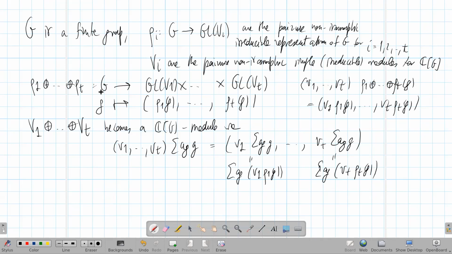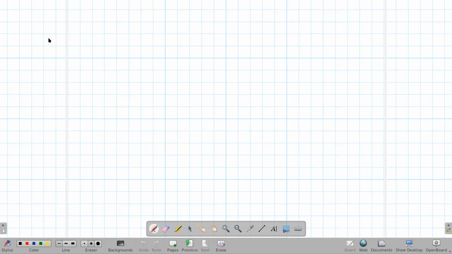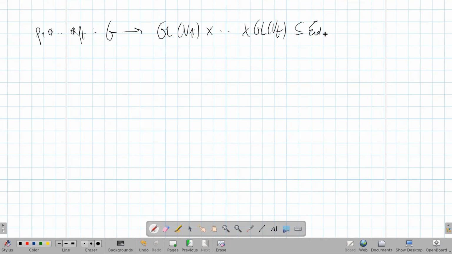And so we were recalling the universal property of the group algebra, and the universal property is the following. You have this map (rho_1, ..., rho_T) that goes from G to GL(V_1) times ... times GL(V_T). And of course, this is included in End(V_1) times ... times End(V_T), the direct product, or direct sum, it's the same really, because these are invertible matrices, and these are just all the matrices.